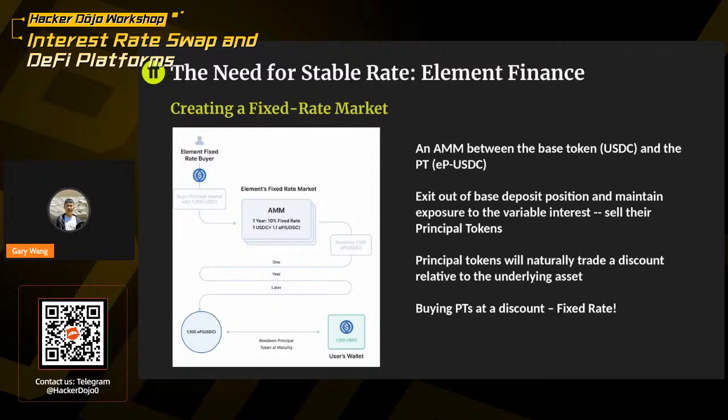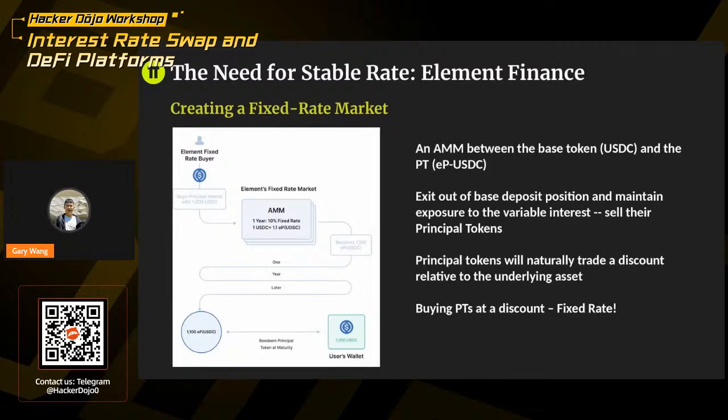Some users may trade the principal token for the base token because they would like to exit the base deposit position earlier, so they can deposit their traded USDC into other protocols if they have found better opportunities. And some users may trade in the opposite direction, since the principal tokens will naturally trade at a discount because the 1,000 principal tokens will redeem the original 1,000 USDC after a 6-month term.